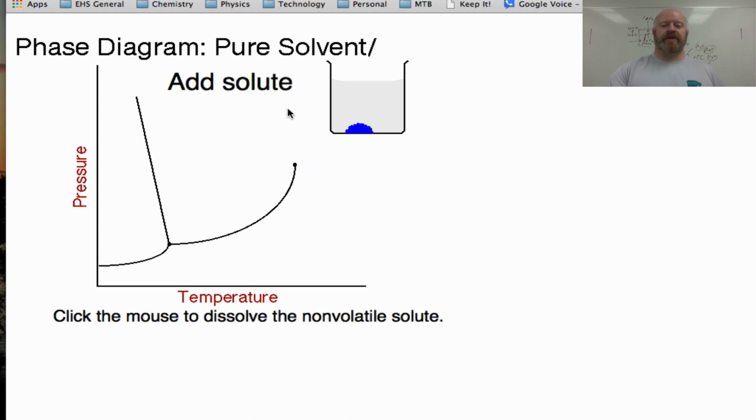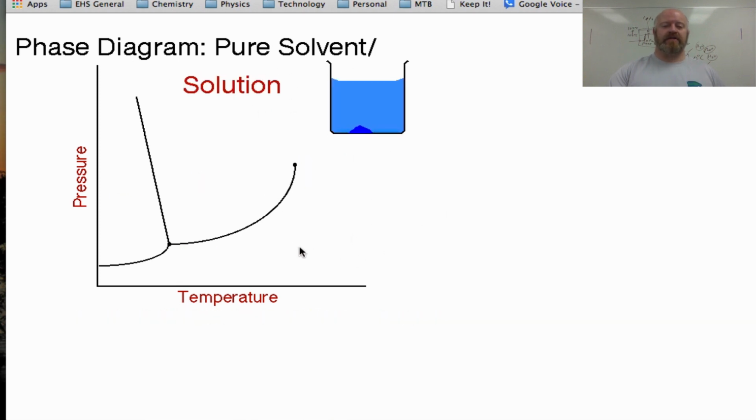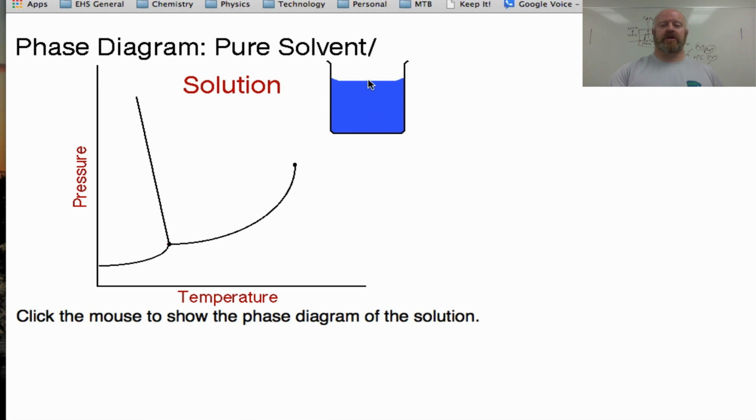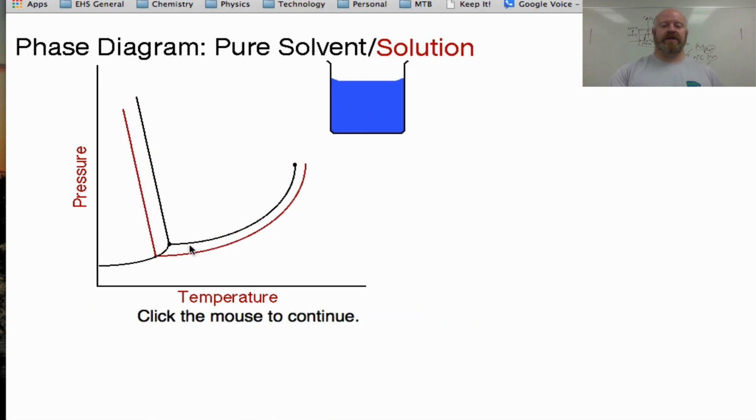If we switch this and we add a solute to this, what actually happens to your solution, okay, from the original to your new, is you basically move the triple point down the line further away. So as you graph it, you actually see the triple point move this direction. So you have a smaller solid phase, a smaller gaseous phase, and you've expanded that liquid phase inside of here.